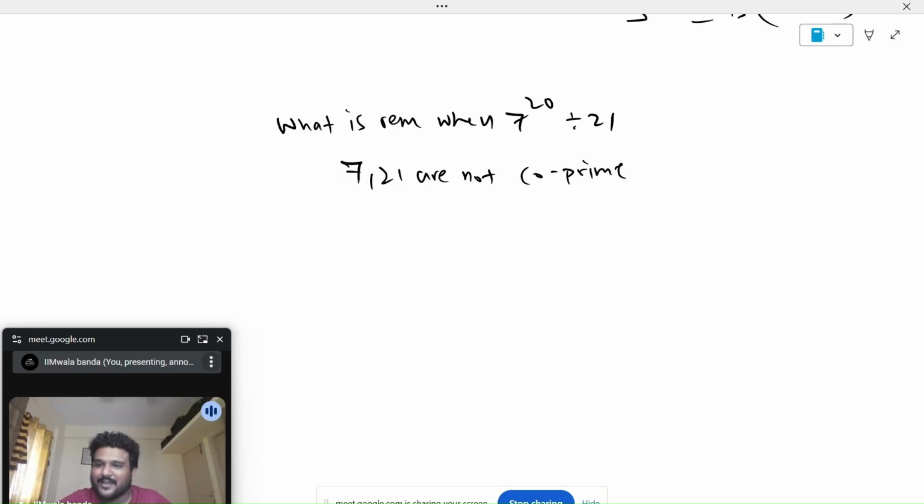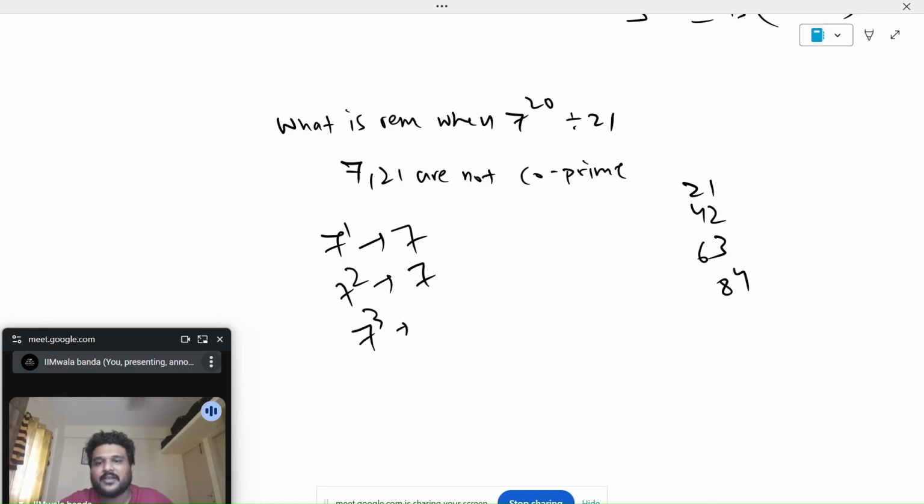Then what? Cyclicity is always the best friend. 7 to the power 1. And this is how I will do it in the exam. Okay. 7 to the power 1 is 7. 7 to the power 2 is 49, and I'll quickly write the table so that I don't get confused. 49 gives me remainder 7. 7 to the power 3, again, don't do 7 to the power 3.